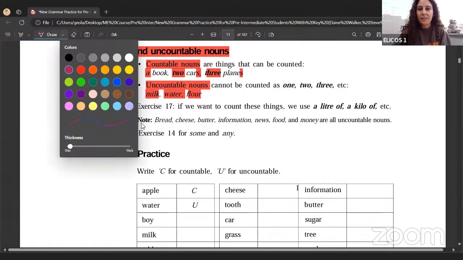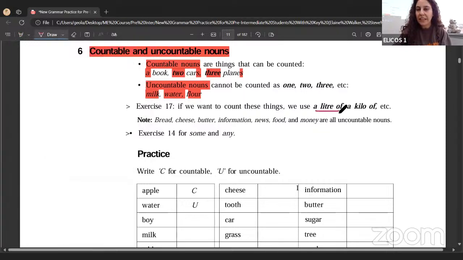You'll know because usually instead of saying 2 or 3 or 4, you have to put a measurement in front of these words. So if I say milk, I say I want a liter of milk, or I want 2 liters of milk, or 3 liters of milk. So we have to put a measurement in front of the uncountable noun.